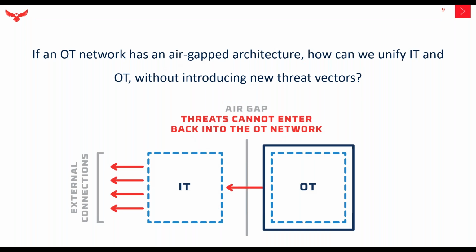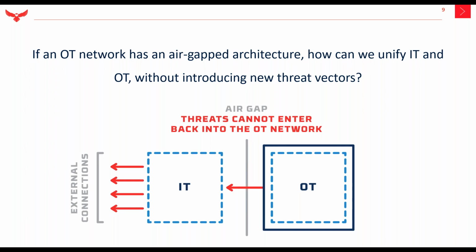So the question becomes, if an air gapped architecture is just not practical, how do we share data from OT to IT without introducing new threat vectors? How do you securely take advantage of the efficiencies gained by centralized monitoring when you have assets dispersed geographically across a wide area?